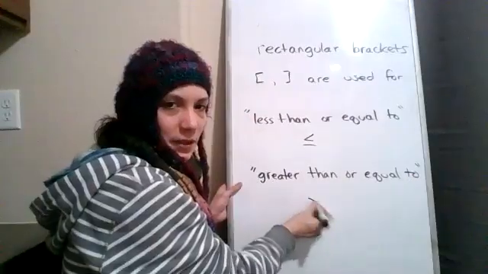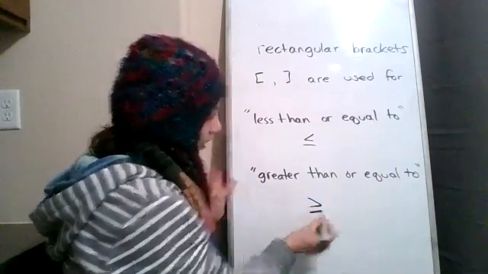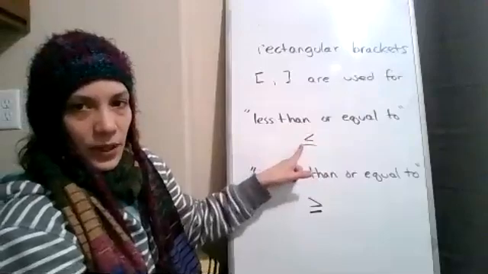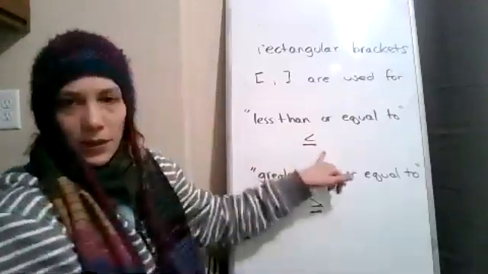So this would be like greater than and then equal to, like part of an equal sign, and then less than or equal to some number.